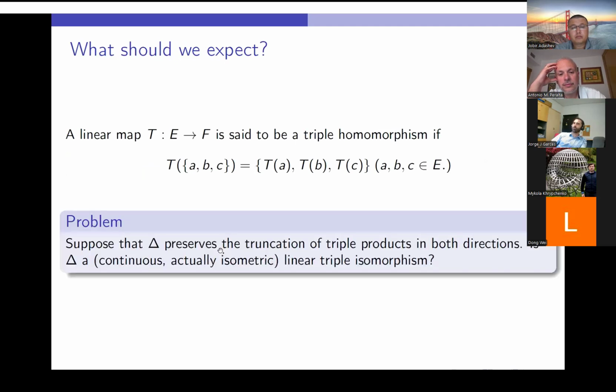So what we want to know is that if we have a bijection between JB*-triples that preserves truncations of triple products in both directions, is it a linear triple isomorphism? Well, we are going to prove this for atomic JBW*-triples, for some special types of JB*-triples.